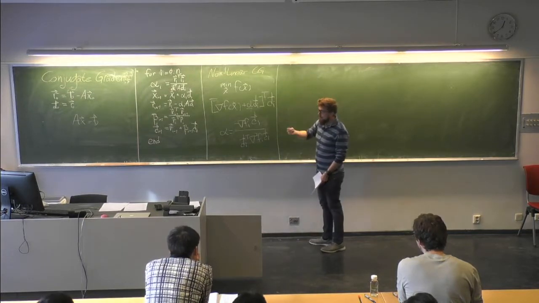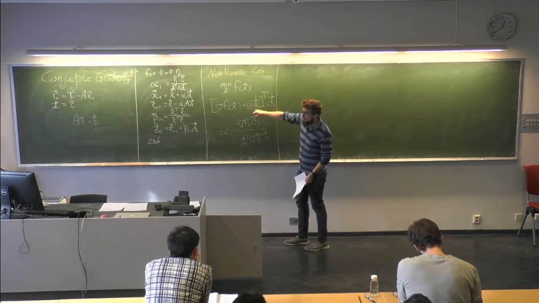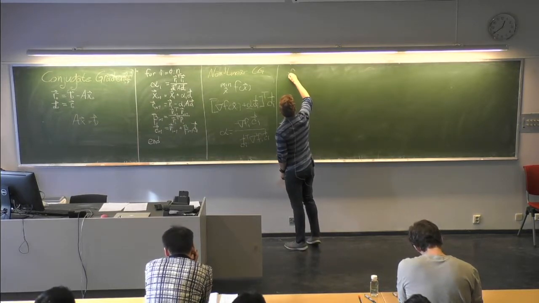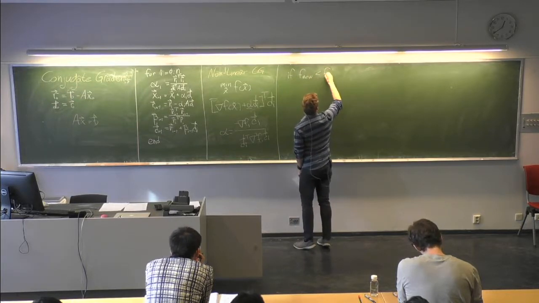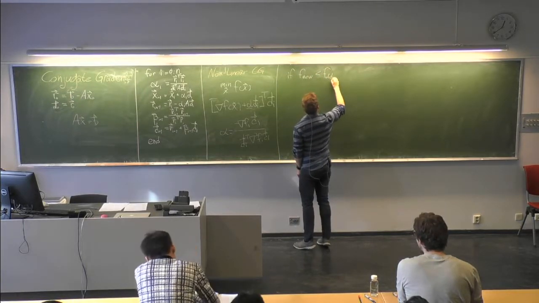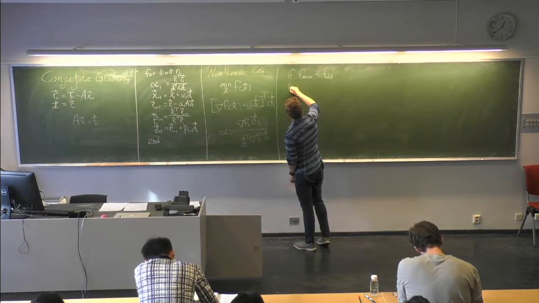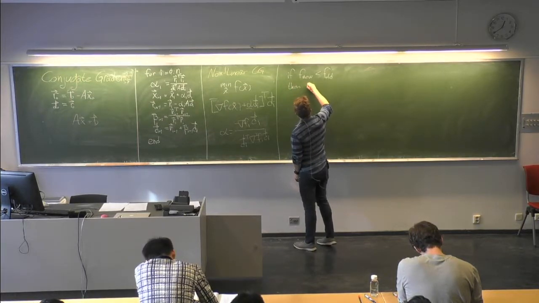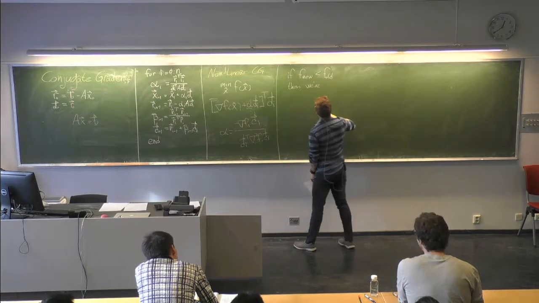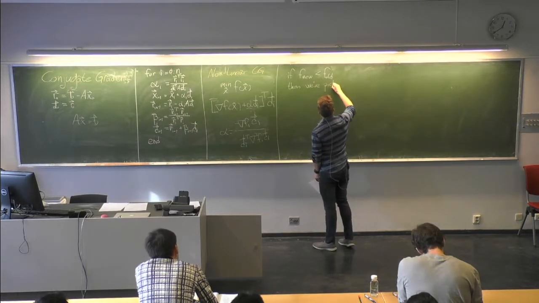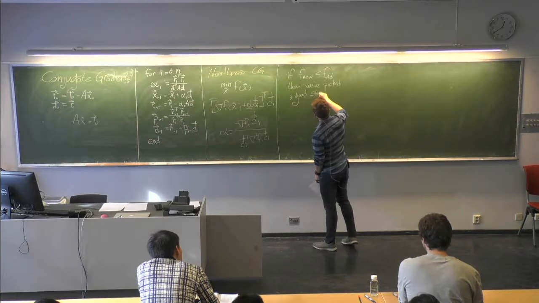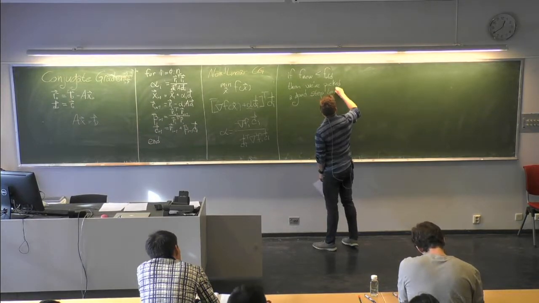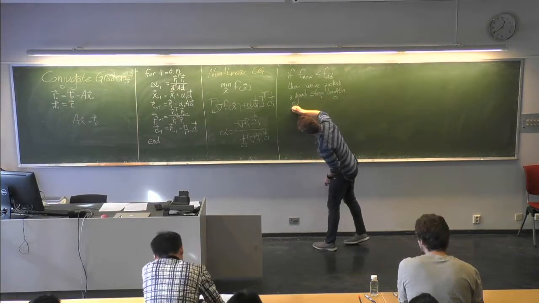If the new function evaluation, which I'm going to call f new, is less than f old, then we'll pick this alpha.